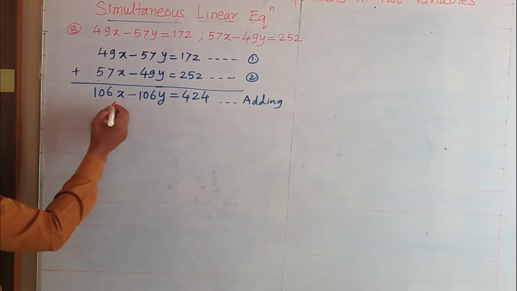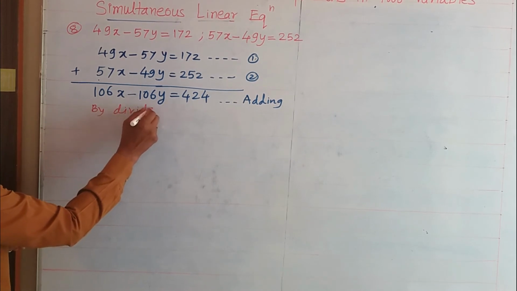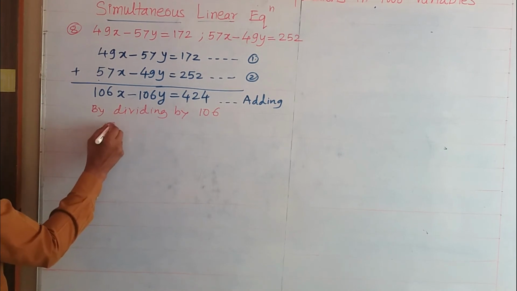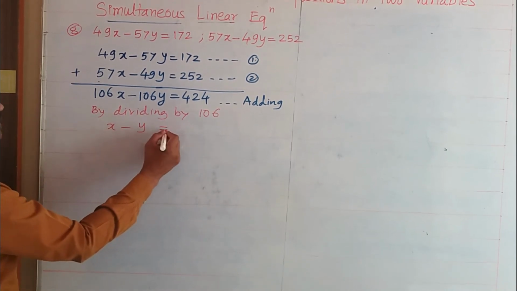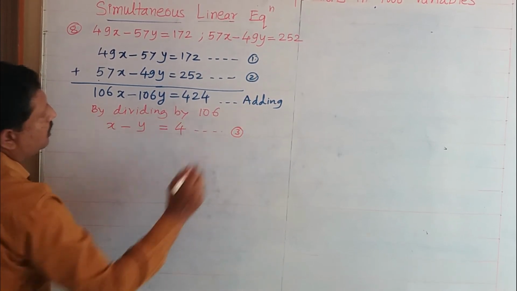So by dividing by 106 we get x minus y is equal to 4, equation number 3.